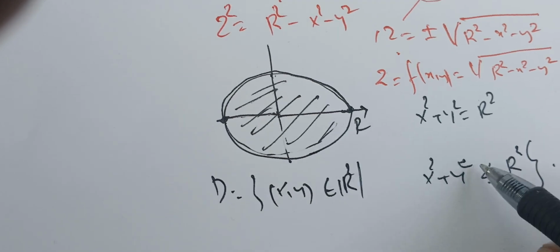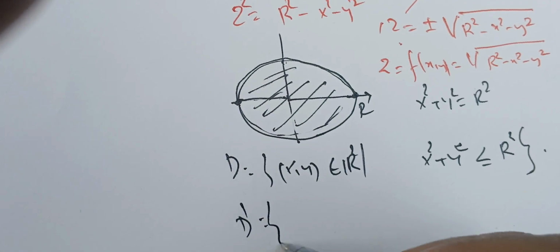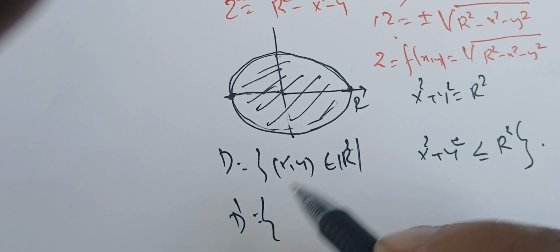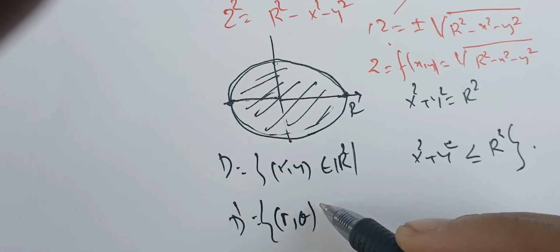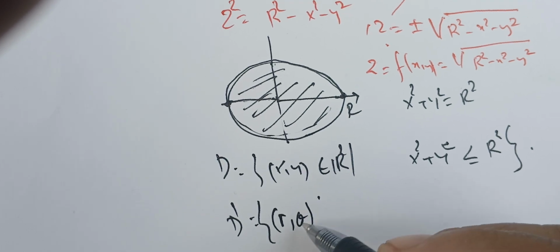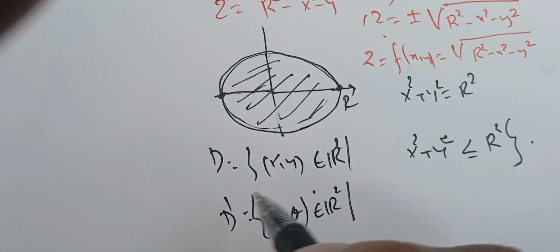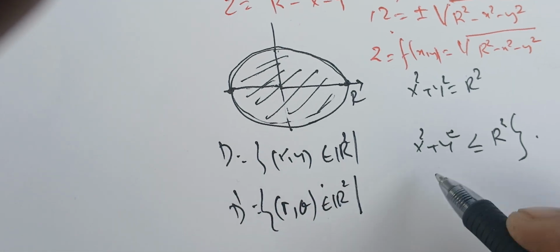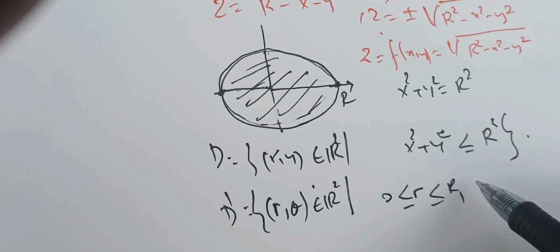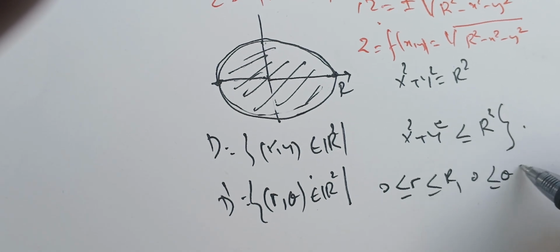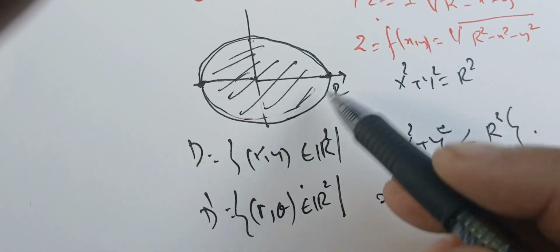We can transform this into some other D prime, in terms of r and theta, such that r will be between 0 and big R, and theta will be between 0 and 2 pi. So this is to cover the whole disk.